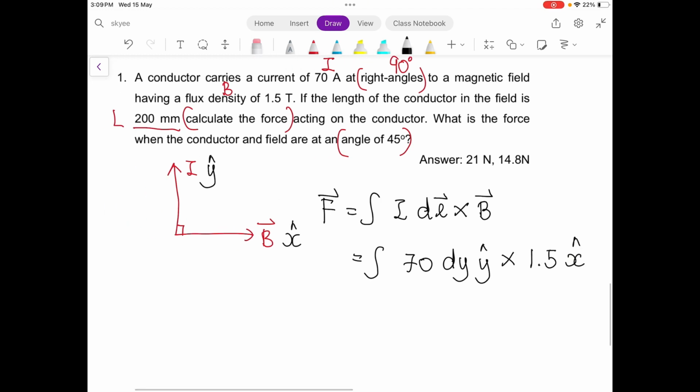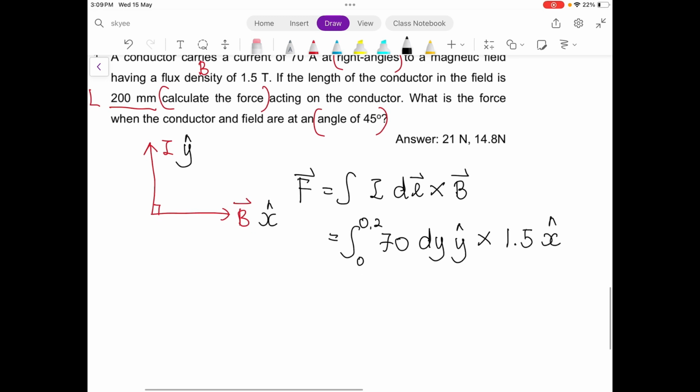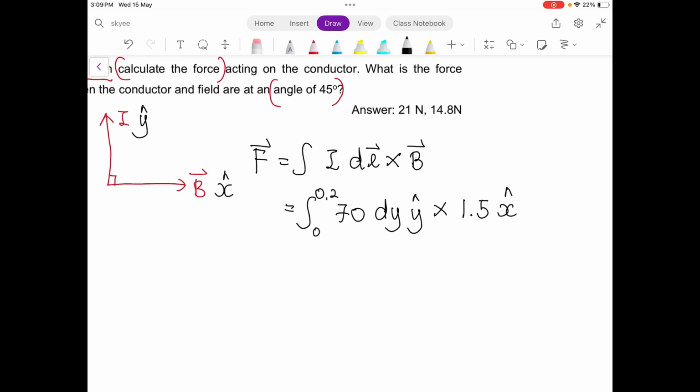The length goes from 0 to 200 millimeter, so it's 0.2; you have to convert it to meter. So now it will be 70 multiplied by 0.2 and multiplied by 1.5.